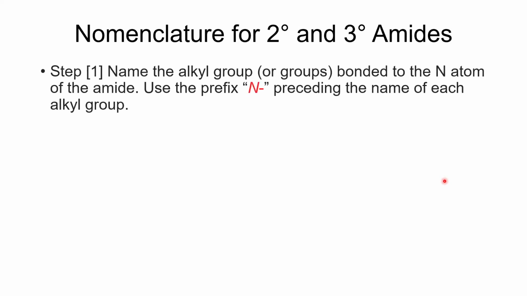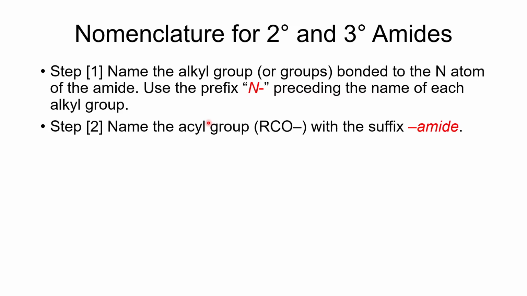Now, for secondary and tertiary amides, we're going to need to do one additional thing, and that is to indicate what alkyl groups are attached to the nitrogen. We indicate what those alkyl groups are by naming the alkyl group, or groups if there's more than one, bonded to the nitrogen atom, and then we use the letter N as a prefix to indicate where it is attached.